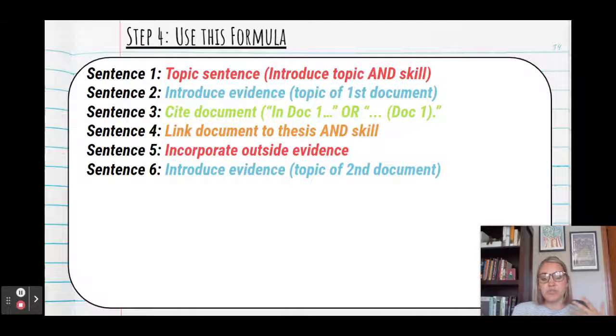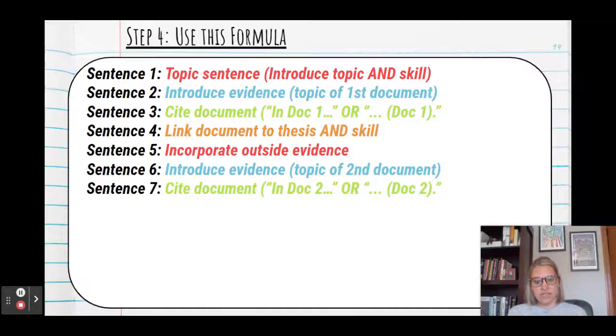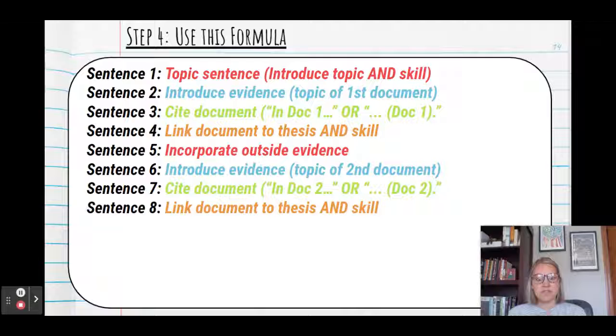Then you're going to introduce the evidence, the topic of the second document, kind of an introductory sentence here, not digging into a lot of the details. But then you provide those details when you cite the document. Then you link the document to the thesis and skill. Now, this is where I see a lot of students end their paragraph. They think, okay, I've done my document, I've done my outside evidence, I've done my document, boom, move on.